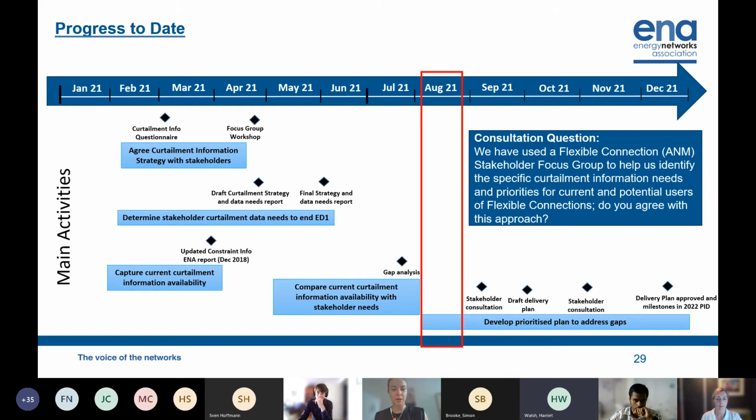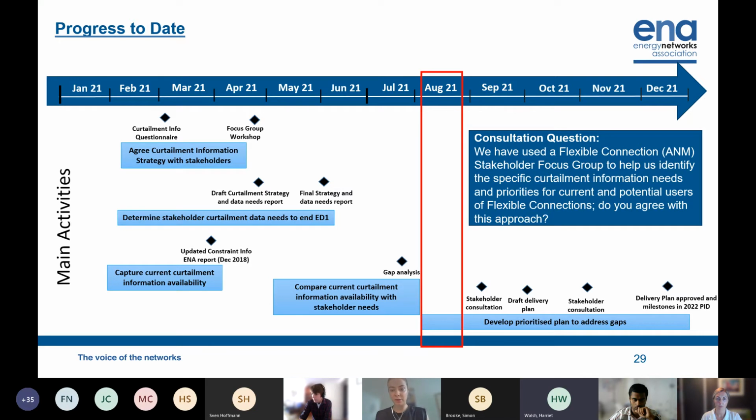The next step for our product group then was to complete a gap analysis. Each DNO looked at each of the specific priorities and data requirements that were coming through from stakeholders, and we have completed a gap analysis on what we are currently providing in comparison to what stakeholders are looking for, and getting a view on what looks to be priority, and how feasible these are to implement as DNOs between now and the end of ED1.